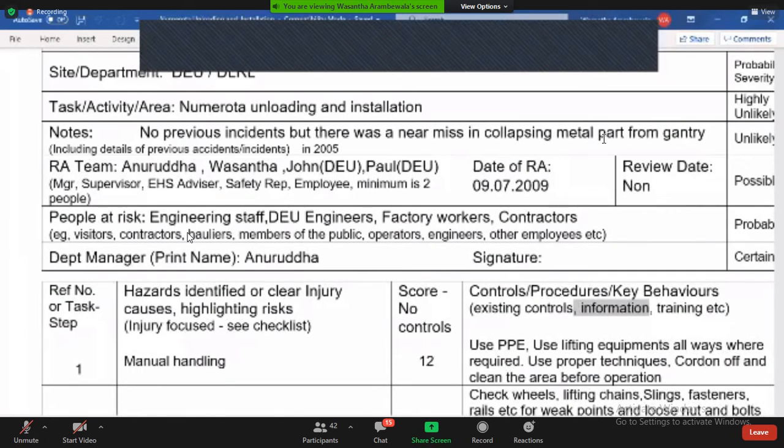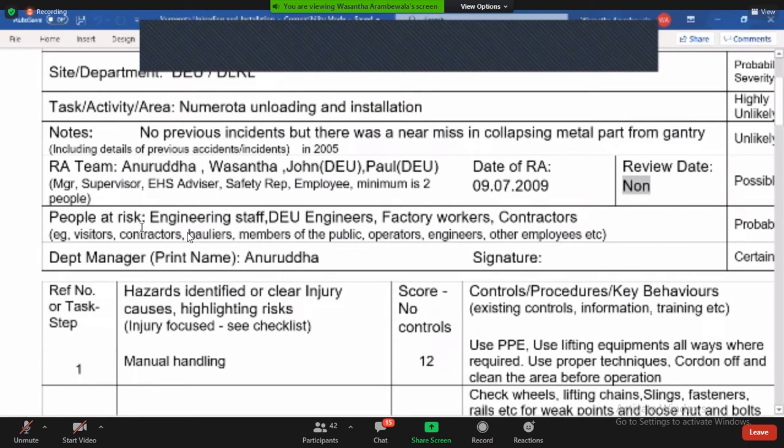Then the reassessment team: who are the members engaged in the reassessment? Manager, supervisor, EHS advisor, you can put whatever names. Then the date of reassessment and review. For example, you can put next year's date, after one year, or the end of the project, or anything you can highlight.